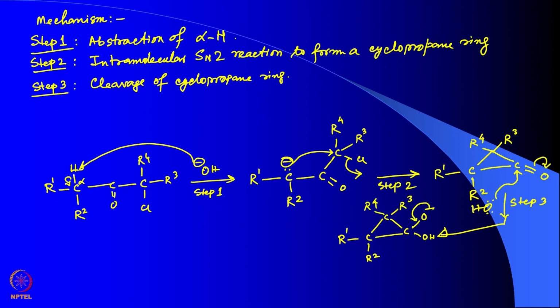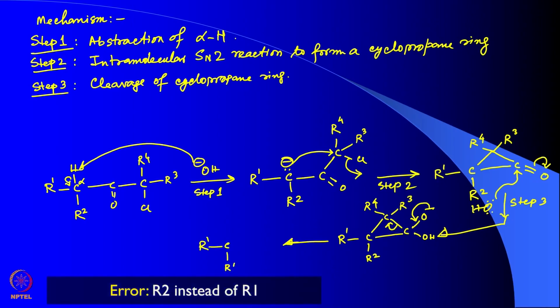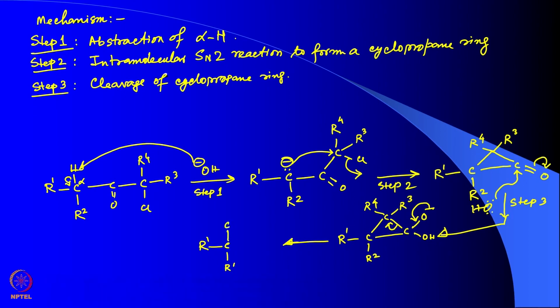Then when this bond forms back, this C-C bond further breaks. So, this is continued as step 3. What has happened in the process is that the groups have migrated from one carbon to another carbon.